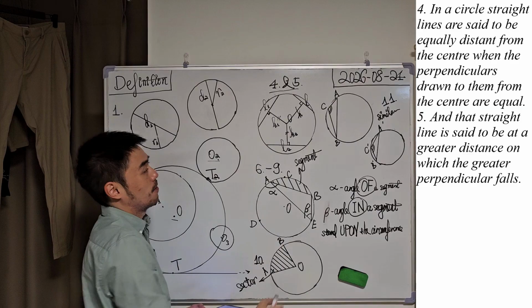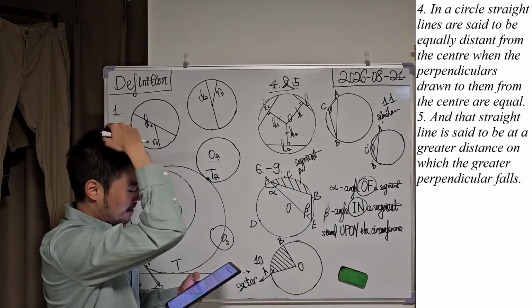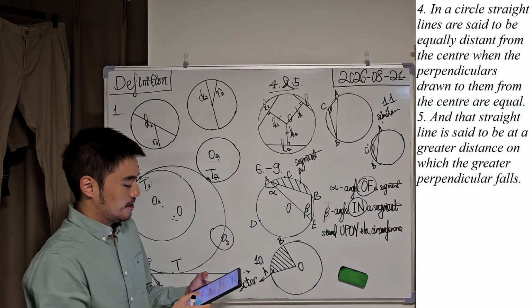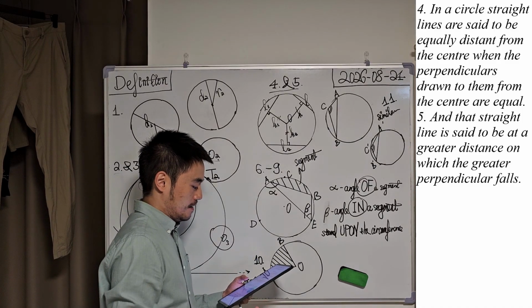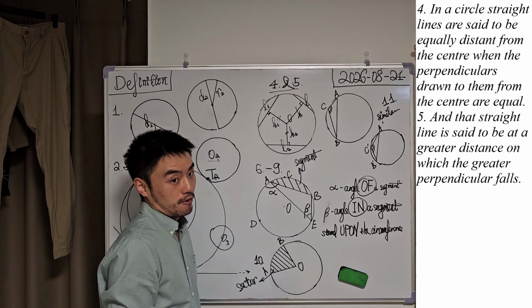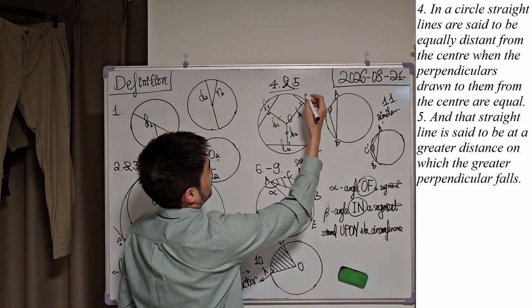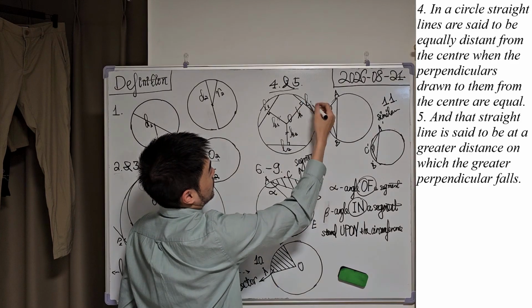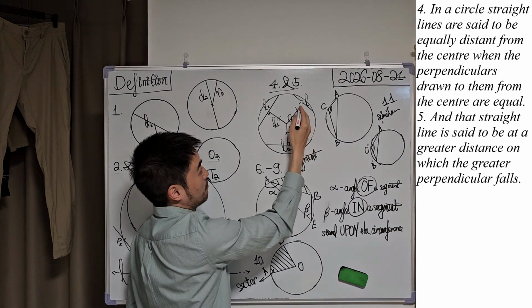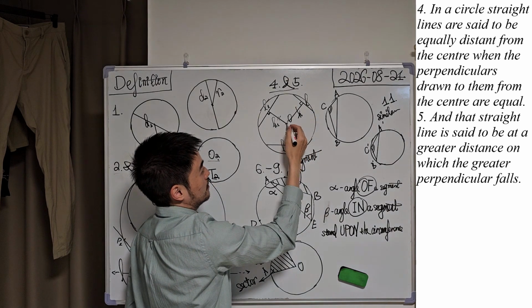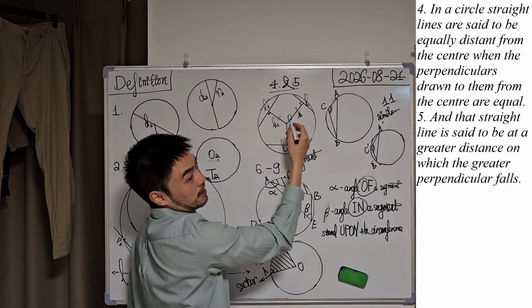Okay, pretty straightforward definition. And definition 5 is an extension, I believe. So it says that a straight line is said to be at a greater distance on which the greater perpendicular falls. Okay, so let's say we have another straight line L, and H is a perpendicular drawn from L to the point O, which is the center of the circle.